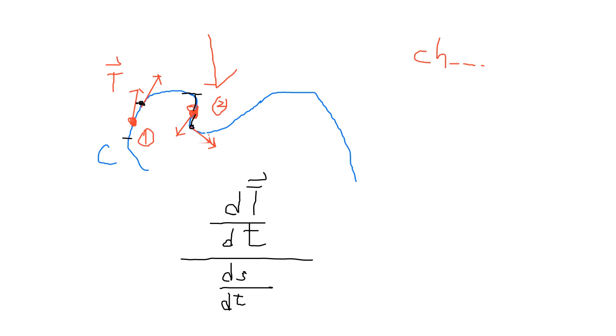But relative to the length that we move along the space curve, does it make sense that the rate of change of the tangent vector with respect to time, divided by the rate of change of arc length with respect to time, would be greater at point 2 than it would be at point 1?